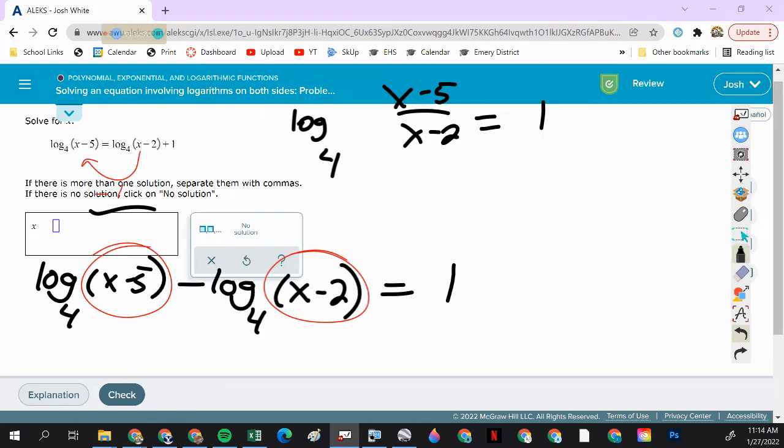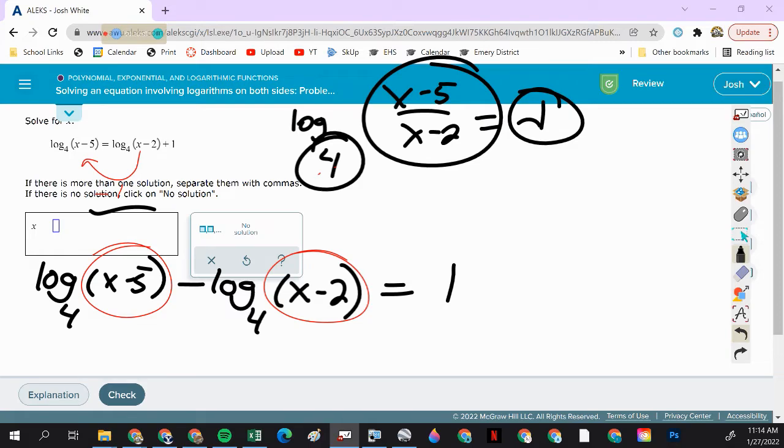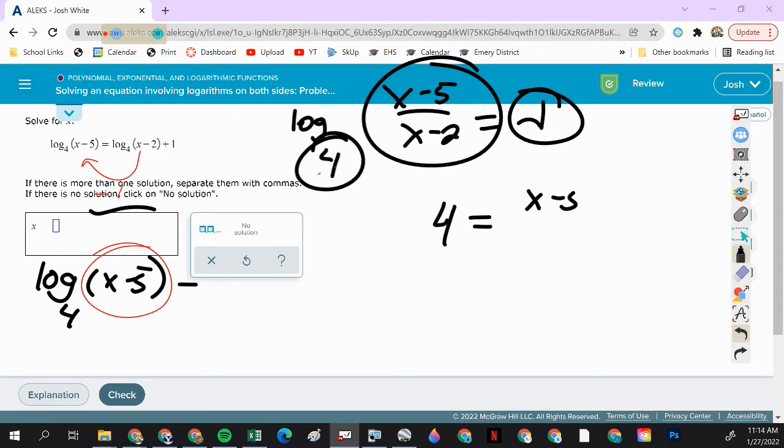And now this is the problem we were doing at the beginning of class. Now we just convert to exponent. 4 to the first equals this. So 4 equals x minus 5 over x minus 2. Okay.